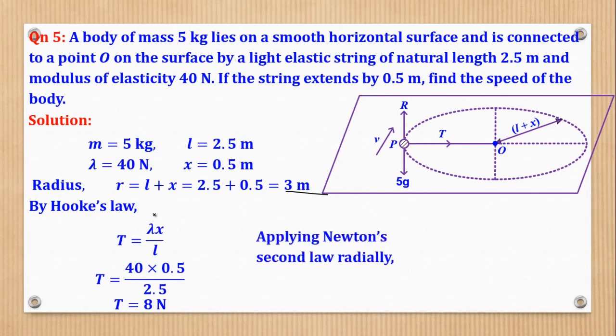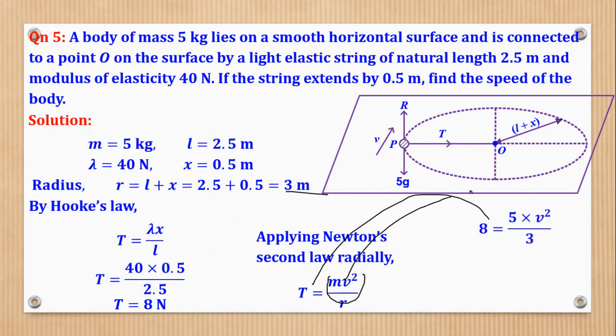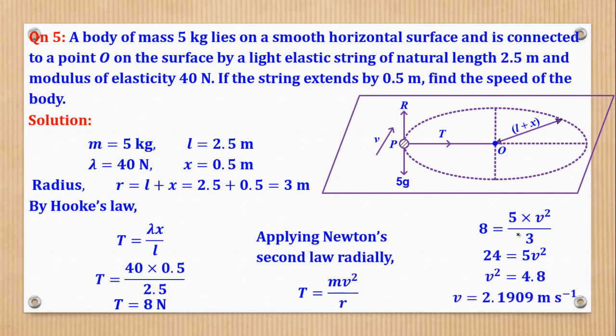Then applying Newton's law radially, T provides the necessary centripetal force, which is mv squared over r. So substitute for T, for m, for r, and make v the subject. So I'll simplify and make v the subject. That's what they wanted.